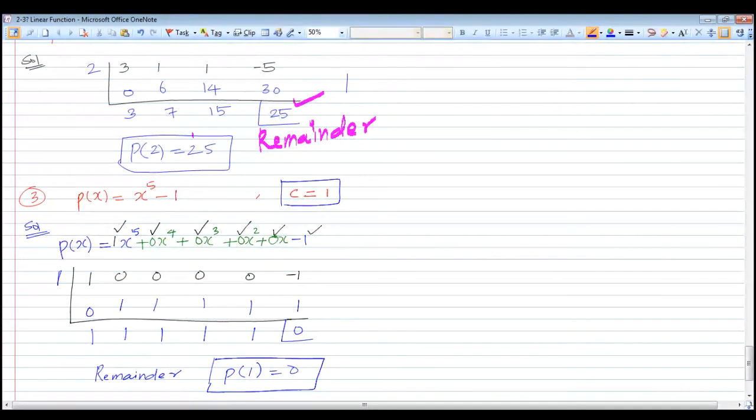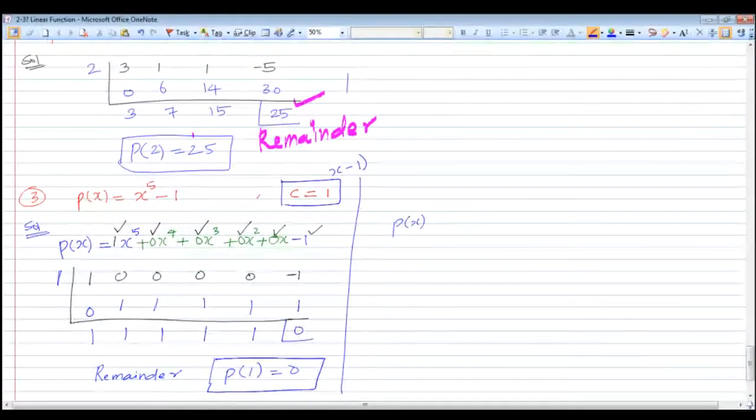Suppose the question is given in terms of synthetic division, how will you write it in terms of P of x over D? P of x is x power 5 minus 1, divided by x minus 1. How will you write this one? Q plus R over D. What is Q?